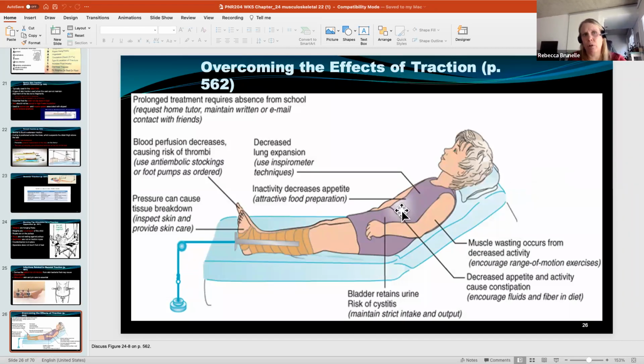They can't be totally flat, so they're going to have decreased lung expansion, so you need to make sure they have an incentive spirometer or are doing deep breathing exercises. They could have muscle wasting because they're not moving around. They could retain urine because of their immobility, and have tissue breakdown, increased risk of clots, and constipation. So you need to be thinking about treating or preventing all of those things if you have a patient in traction.